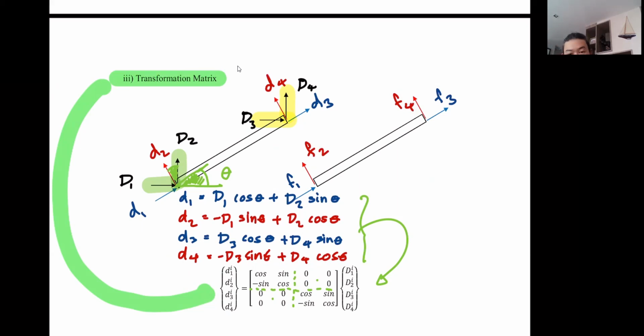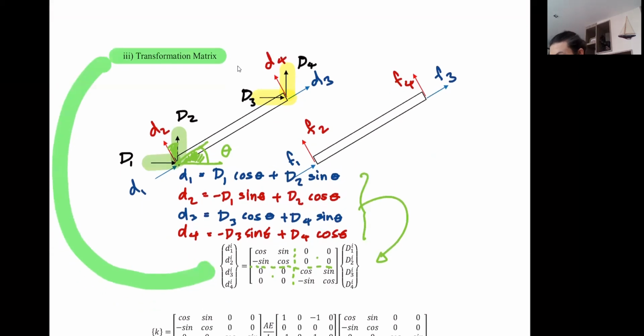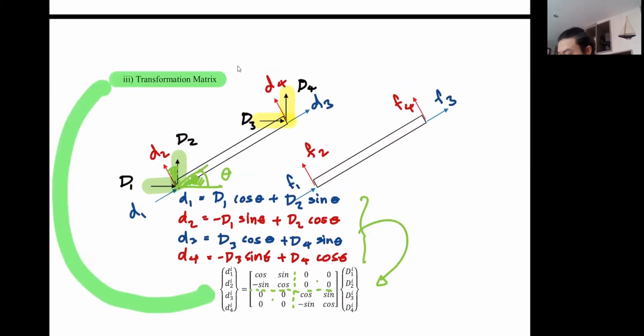Now we are heading to the break. This transformation matrix has a very important property. Sometimes they call it T, transformation matrix.